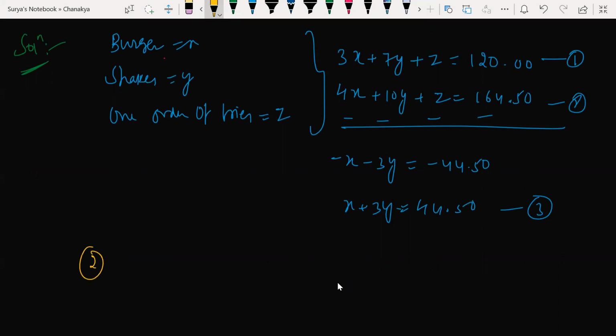Multiplying the third equation with 4. Correct. Let's do it: 4 into 44.50. How much you get, beta?